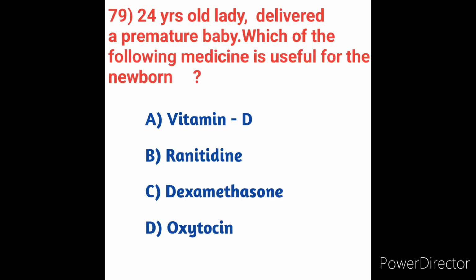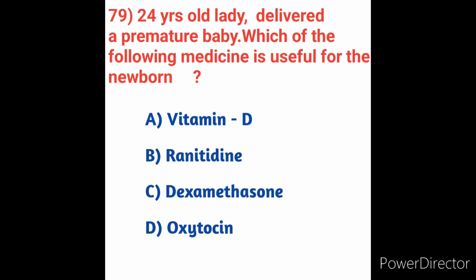Here a 24 years old lady delivered a premature baby. Which of the following medicines is useful for the newborn? Here the baby is premature, and which medicine do we have to administer for the newborn? Options: option A vitamin D, option B ranitidine, option C dexamethasone, option D oxytocin.